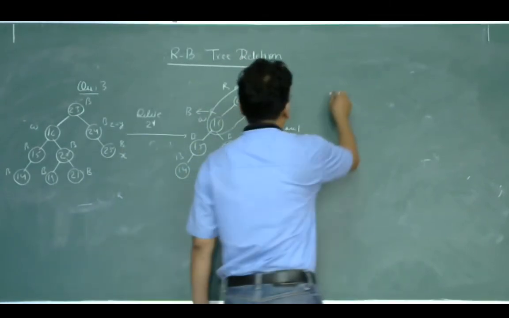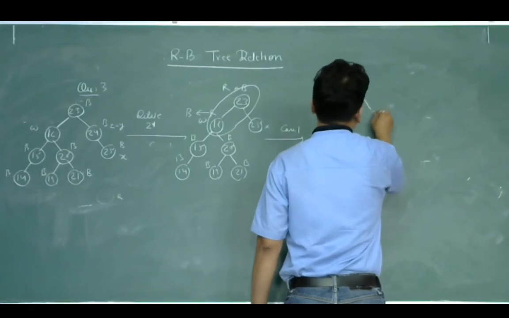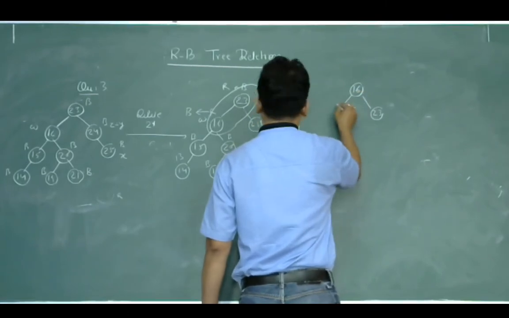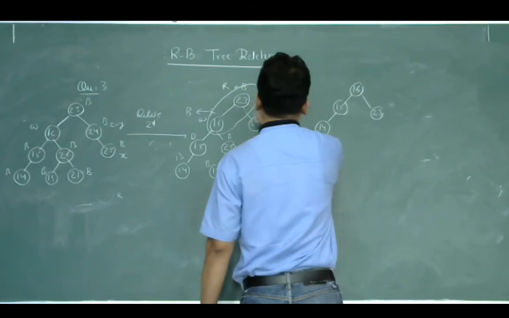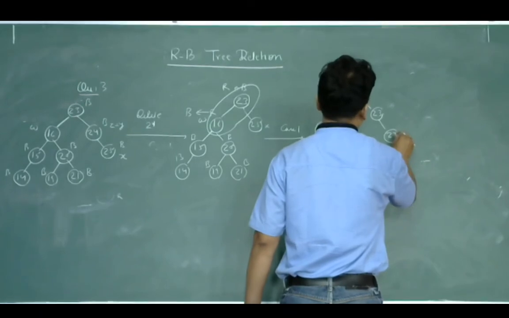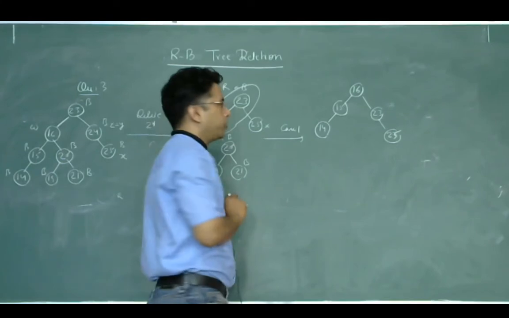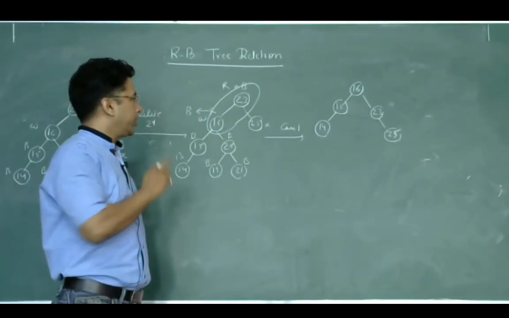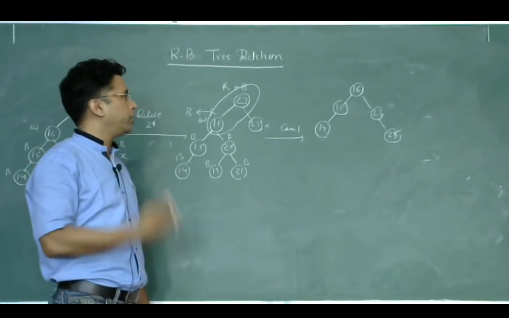After this rotation, this will turn into this figure: 16, 23, the right rotation is done. This left part will remain connected, 15 and 14, and 23 will remain connected with 25. Its left child will become the right child of the parent. What we do in right rotation: the right child of the child becomes the left child of the parent.